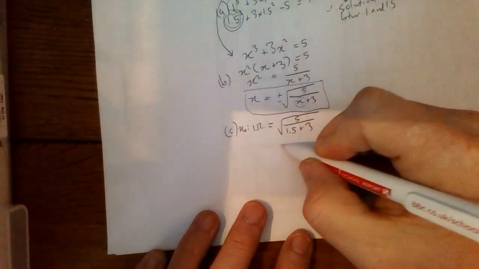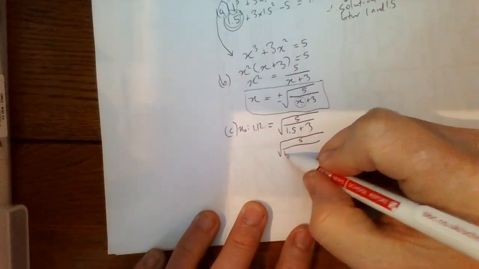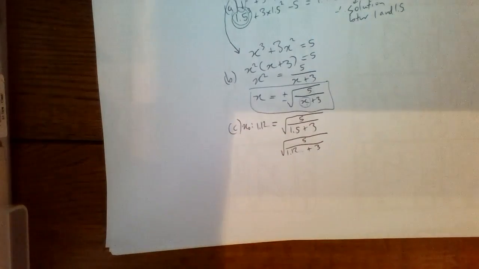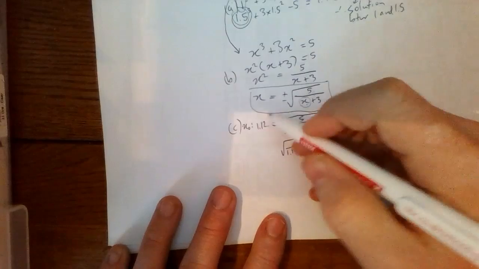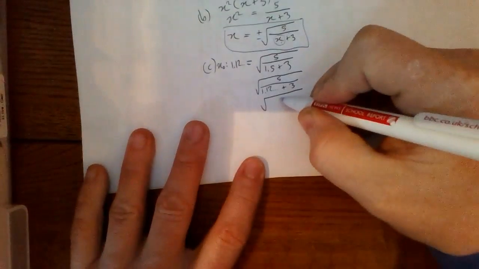Now what you do is you type the thing again, but don't use 1.5, use what you just got. And don't type it out again, just use the answer button. So you literally do this.